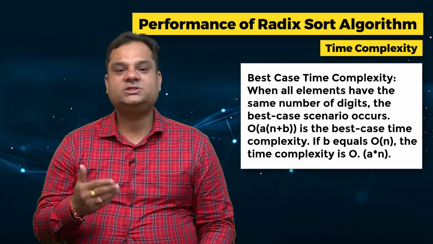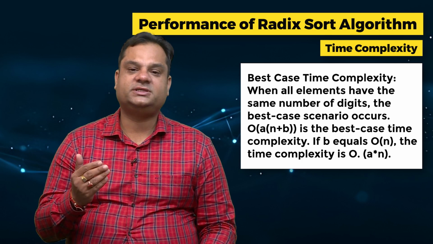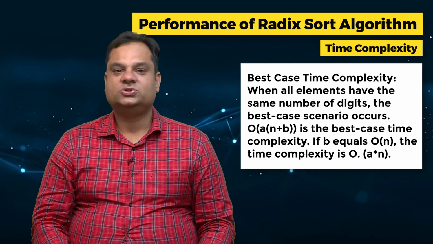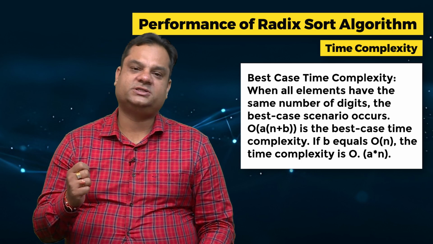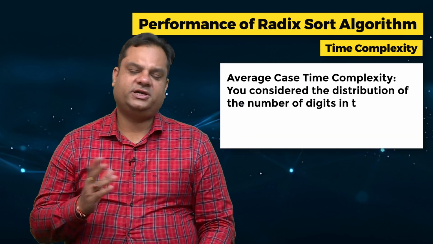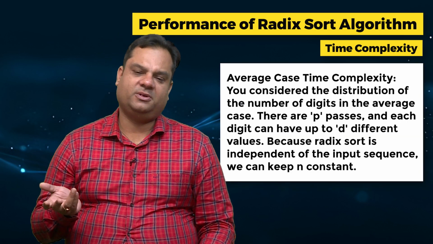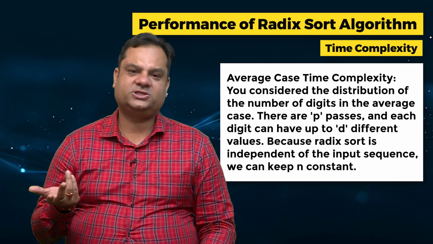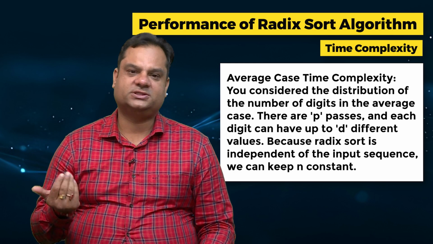If B equals O of n, the time complexity is O of A multiplied by n. So this is the best time complexity when we are working on Radix sort. The average and worst case are both equivalent, so they hold only the best complexity, either worst or average case complexity.